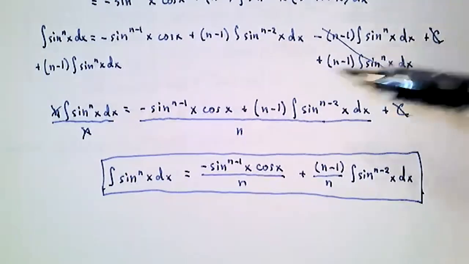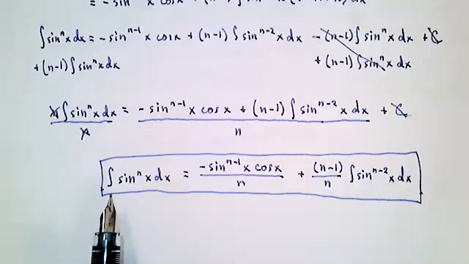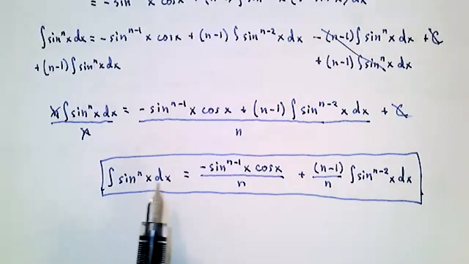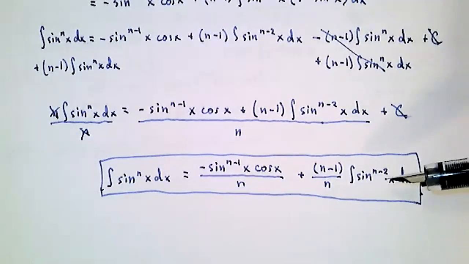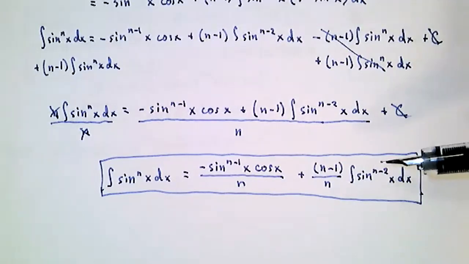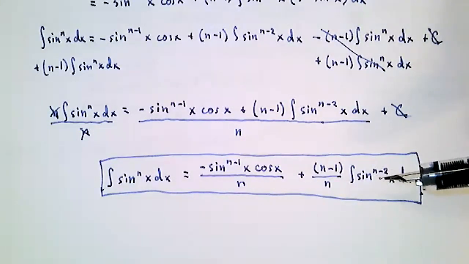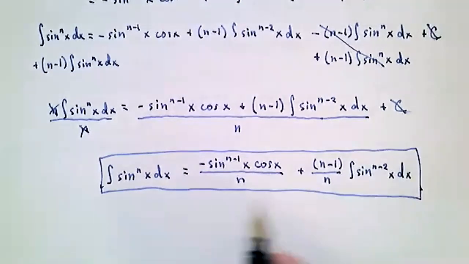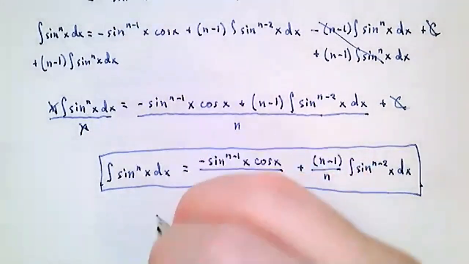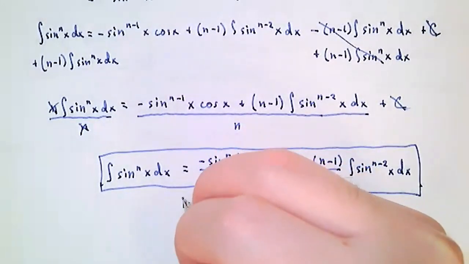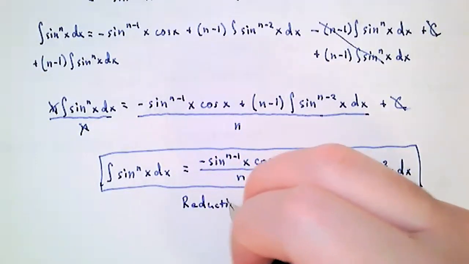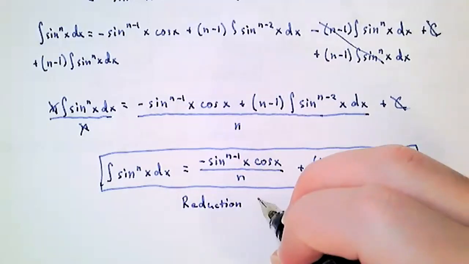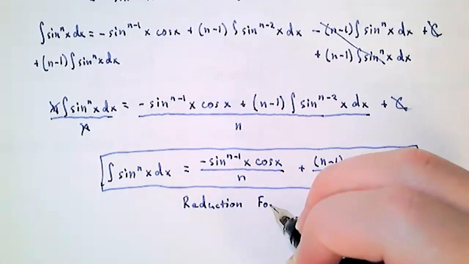So you can see what we've done. We started with a sine to the n of x dx, and what we ended up with is a new integral where the power is lower. And this formula that I boxed here is called a reduction formula. So it's called reduction because you've reduced the power of sine.